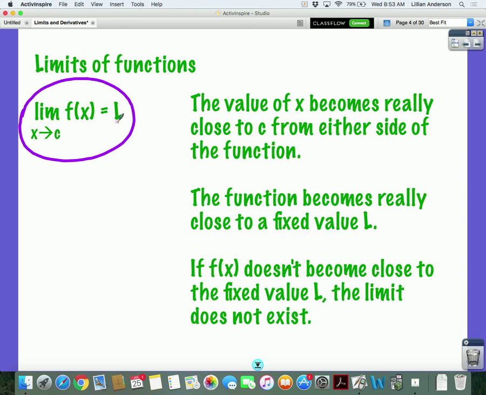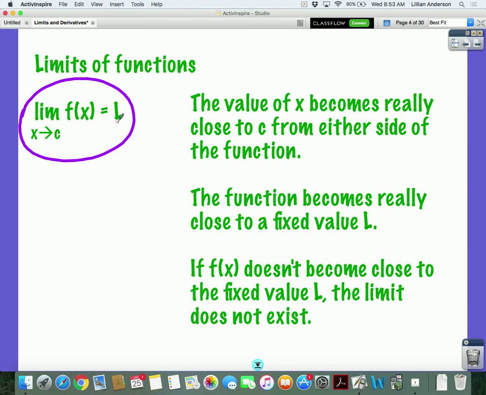Now, if you do examine the graph, and you see that, hey, from the left-hand side it approaches one number, but from the right-hand side it approaches a completely different number, then in those cases the limit does not exist. Okay? Now, it really is not as bad as it sounds, or as I'm explaining. It's actually very simple, but the thing is, you're looking at what's happening to the y's the closer you get to these x values. That's really what it is.